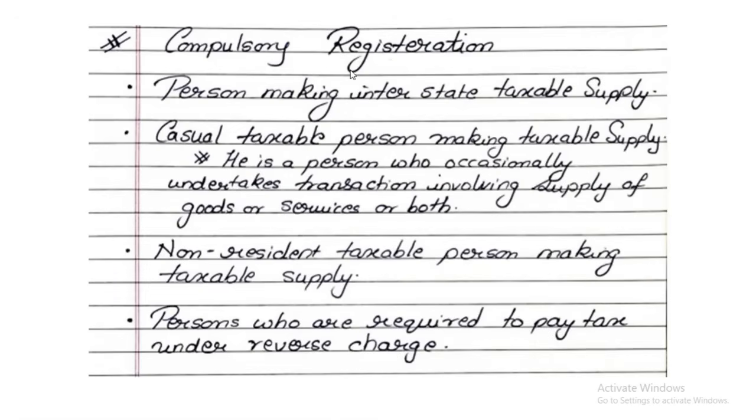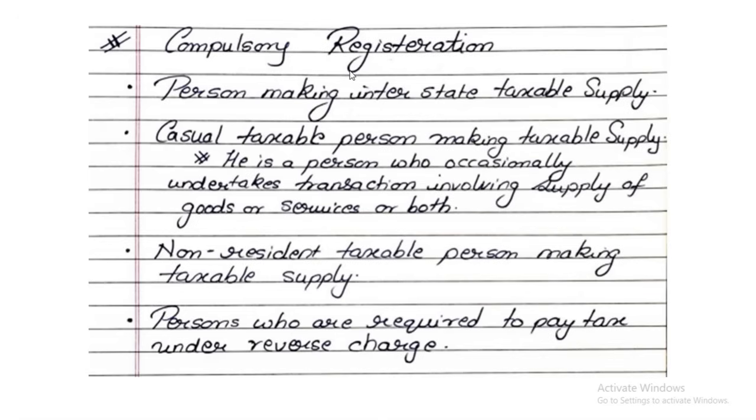Next, compulsory registration. First, a person making interstate taxable supply. If a person from one state is supplying goods to another state, they have to register compulsorily, no matter what the limit is. Second, a casual taxable person making taxable supply. A casual taxable person is a person who occasionally undertakes transactions involving supply of goods, services, or both.